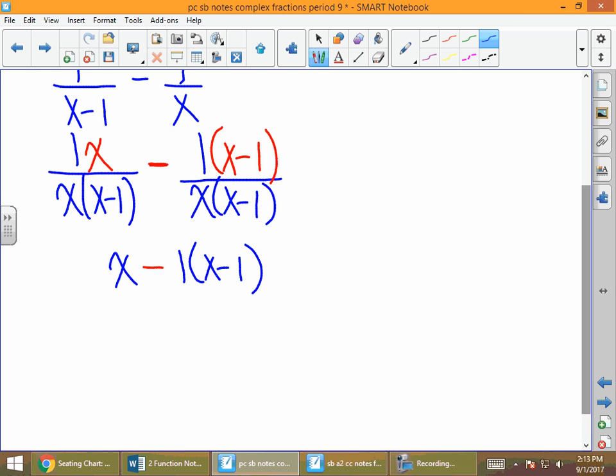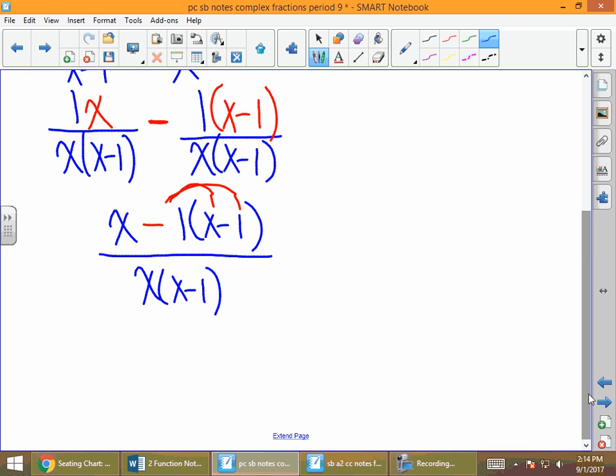We have to be really, really careful when we're subtracting, because this red negative impacts both values in the numerator of that fraction to the right. Negative 1 gets distributed here. Negative 1 gets distributed here. That's where people tend to make their mistake, is they forget to distribute the negative.